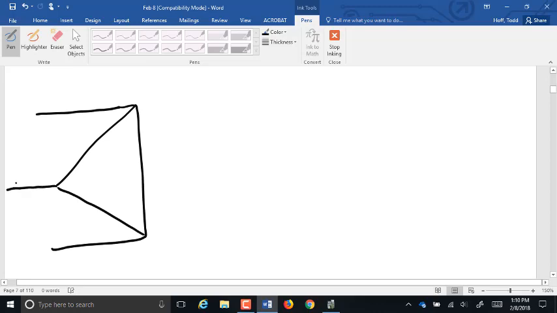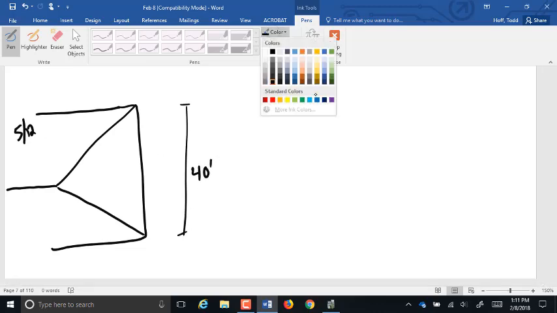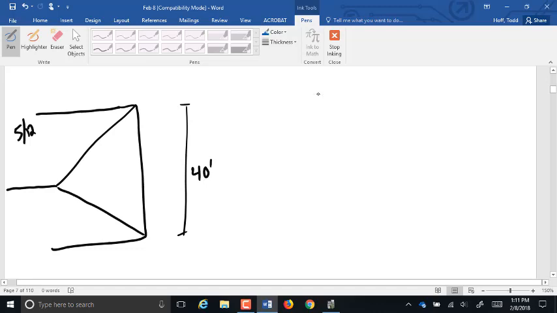Everybody elects Mason. So a conventional hip. This is a 5/12 slope, 40-foot span. Tell me what to do, guys.